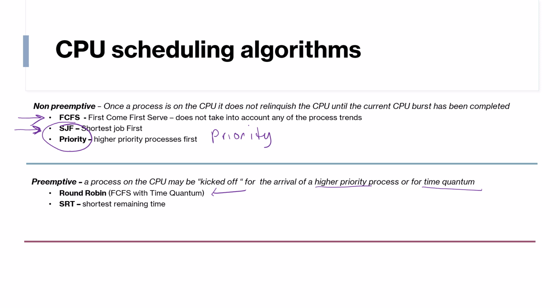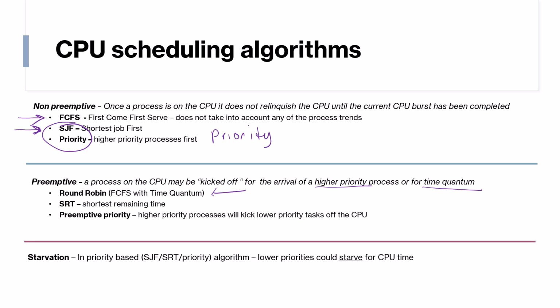Why would you need to keep track of the part of the burst that it already completed? And preemptive priority, where a higher priority process will kick lower priority processes off of the CPU. This could also apply to threads, but since we've just started on processes and this is just about CPU scheduling, we can use the word task or just say process because we're just evaluating these algorithms.